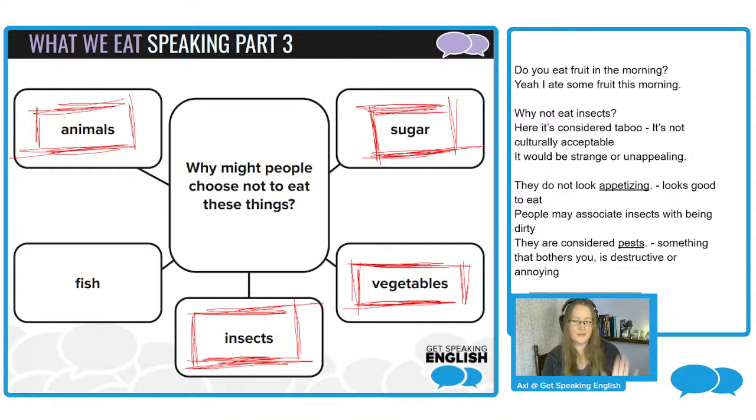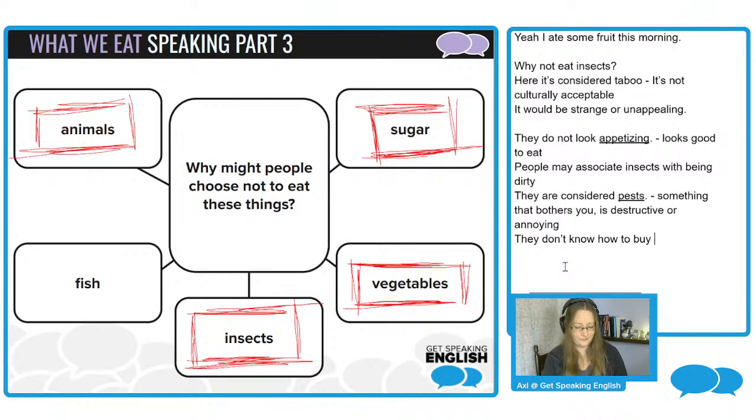I was thinking too that maybe availability would be a problem too, right? So maybe they don't know how to buy them, you know, or get them, since they're not widely available. So something widely available would be available like everywhere, basically, over a large location.